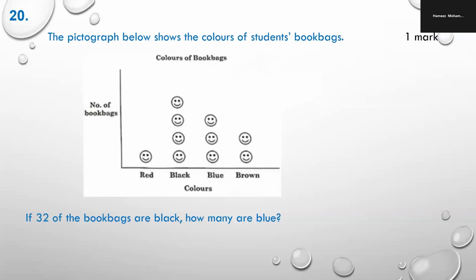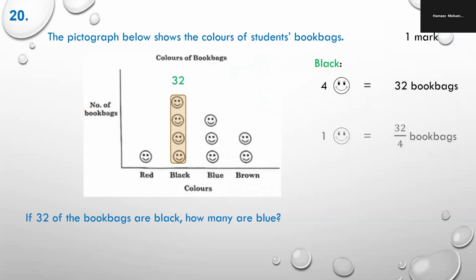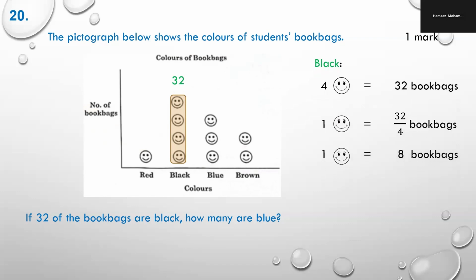So we had how many black book bags? 32 of them. And they're represented by 4 smiley faces. So 4 smiley faces equal 32. 1 smiley face would be 32 divided by 4, which is 8 book bags.